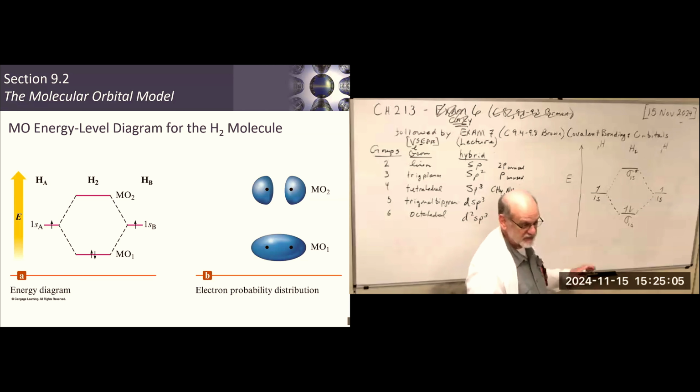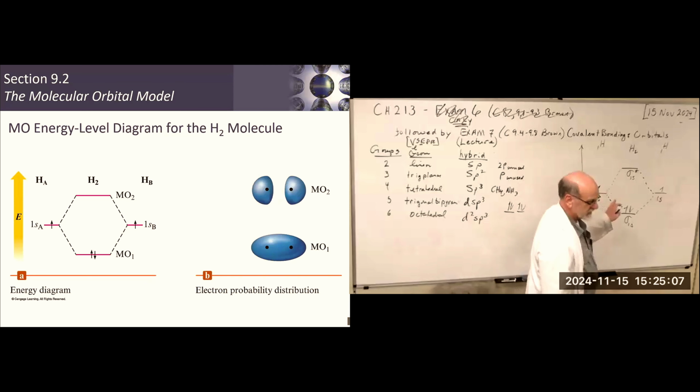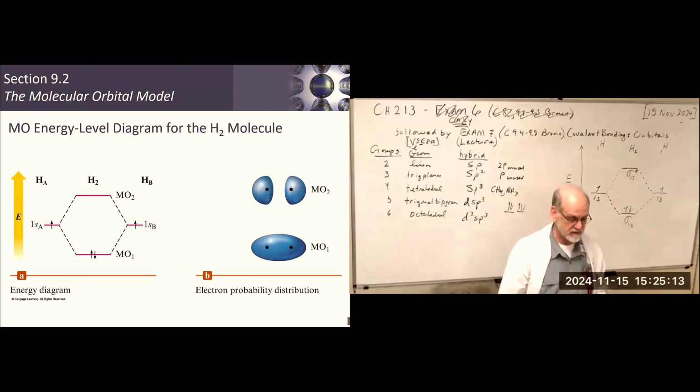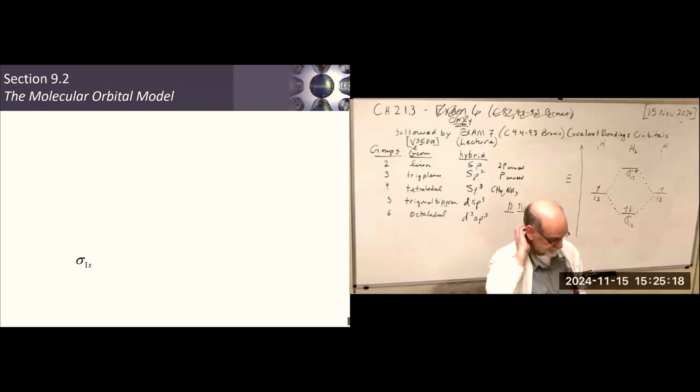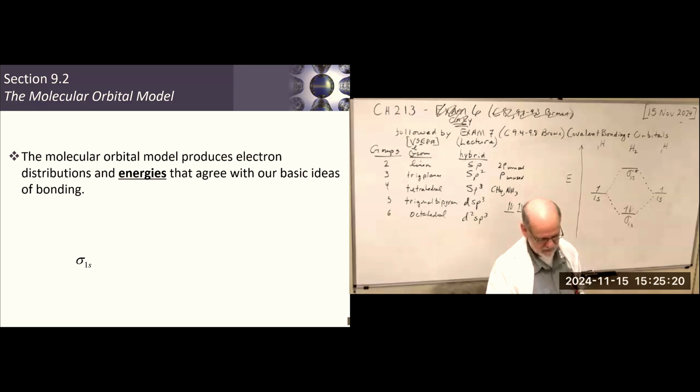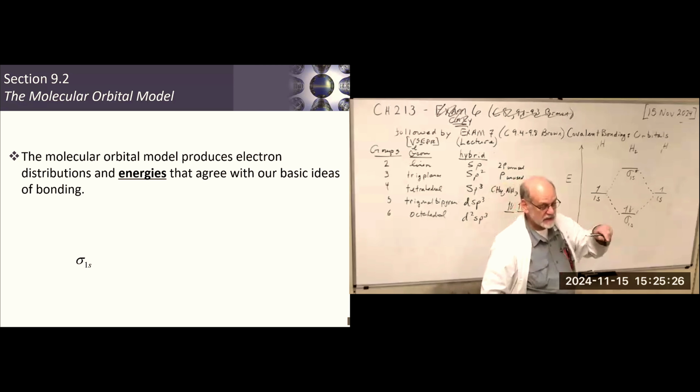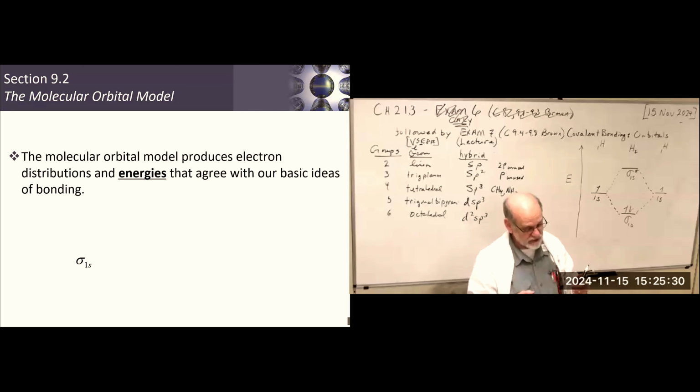And this is the simplest description of a molecular orbital, the easiest to understand, because you've only got 1 orbital each. It can get really complex really quick. This molecular orbital model produces these electron distributions and can calculate their energies.